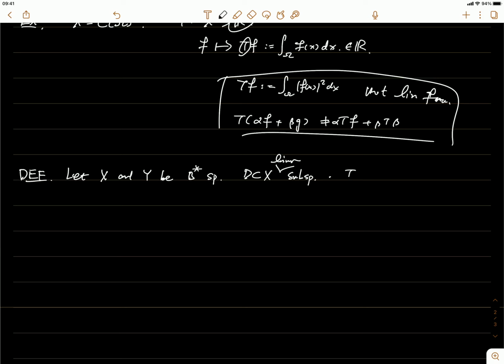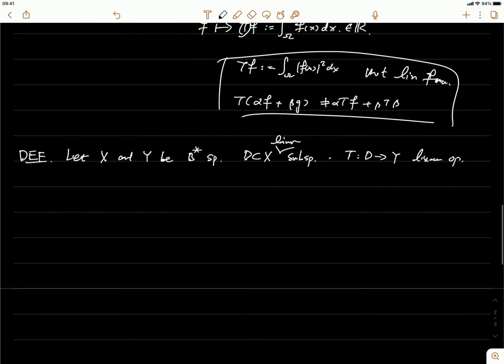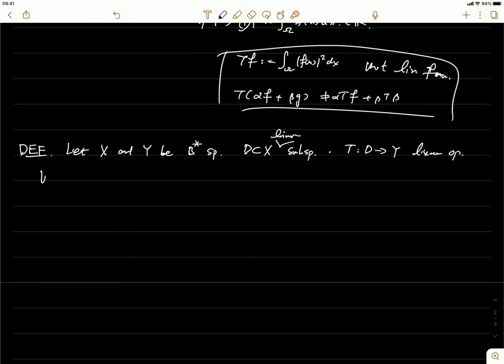And we have T, which is a mapping from D to Y, that is a linear operator. And we call T continuous if Txk converges to Tx. Now remember that both of them are in the space Y. This should be true whenever xk converges to x.